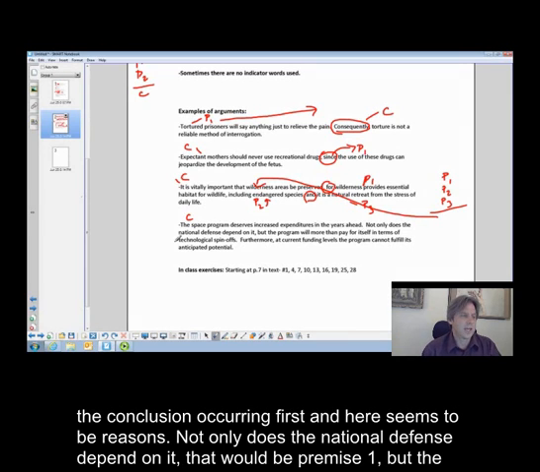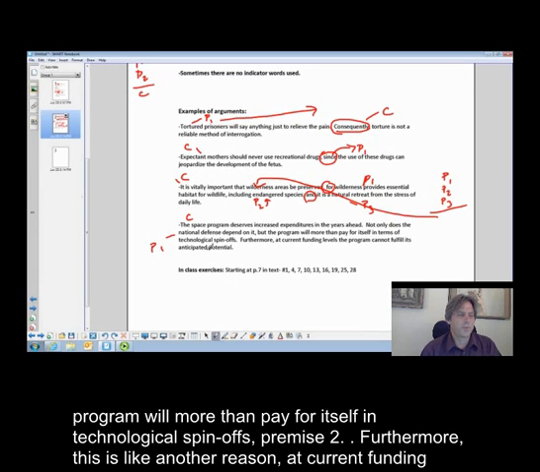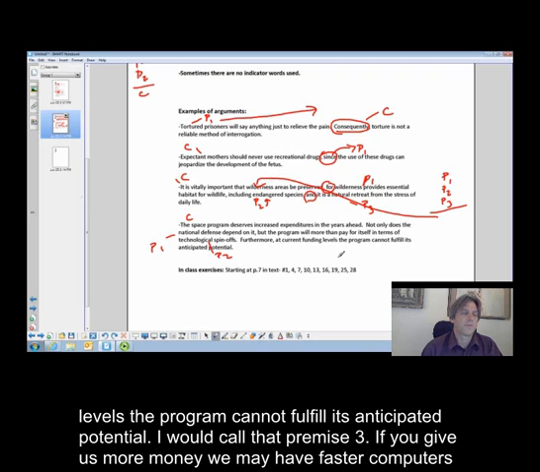Not only does the national defense depend on it, that would be premise 1, but the program will more than pay for itself in technological spin-offs, premise 2. Furthermore, this is like another reason, at current funding levels, the program cannot fulfill its anticipated potential.